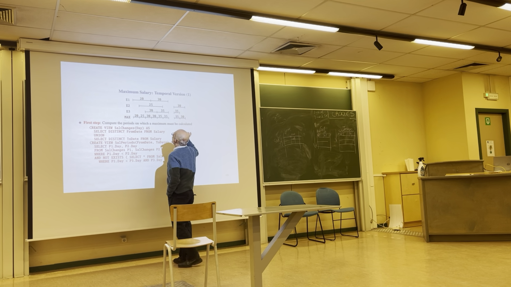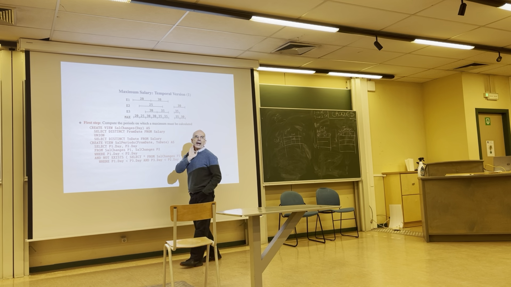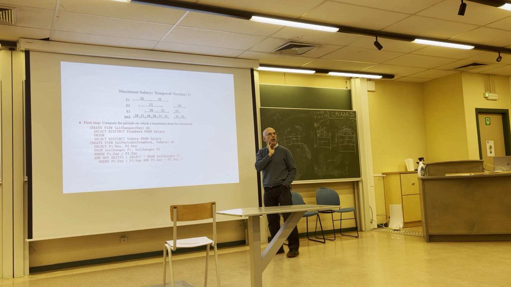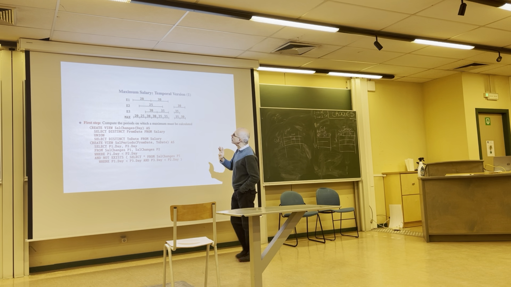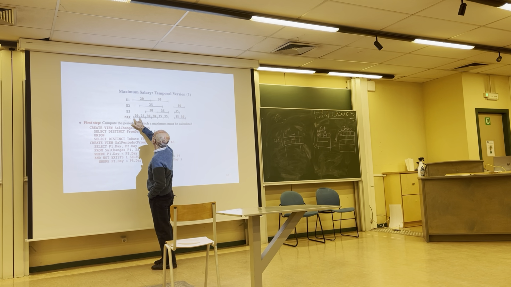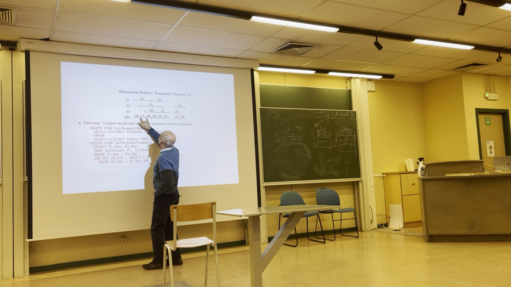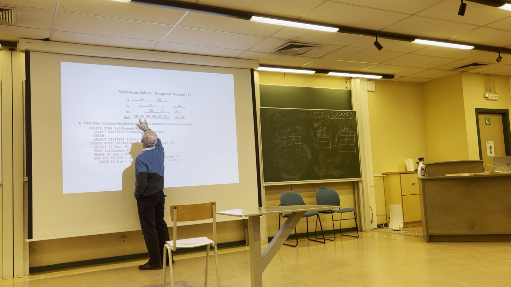We have different values, and what will be the temporal maximum of this salary for this company? In this period of time, there is only 1 employee. The maximum is 20. In this period of time, they have another employee that started here, so I need to compare 25 and 20.